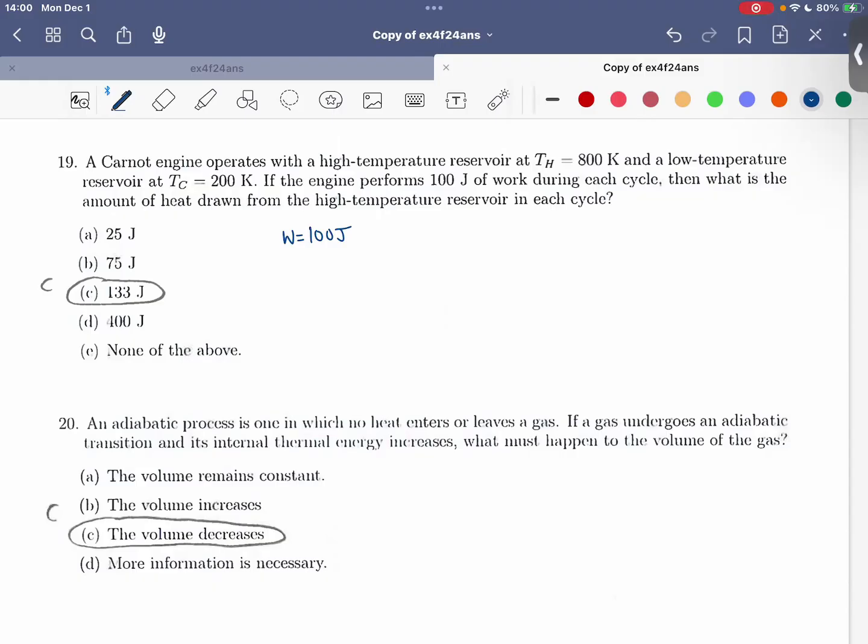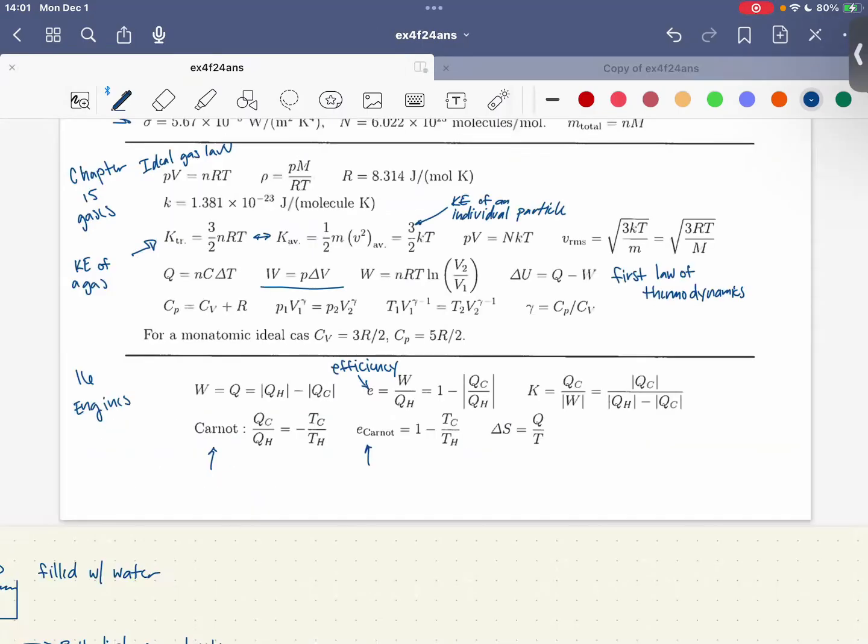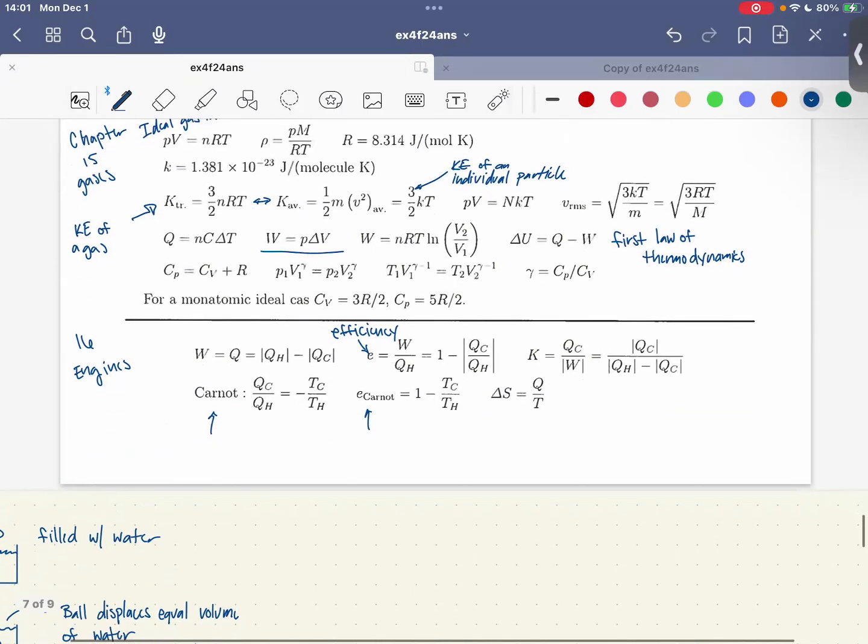Okay, so this amount of heat is going to be QH because it's from the high temperature reservoir. And since we're given just TH, TC, and work, we just hunt for an equation that relates those things together. Right off the bat, this one looks pretty good.